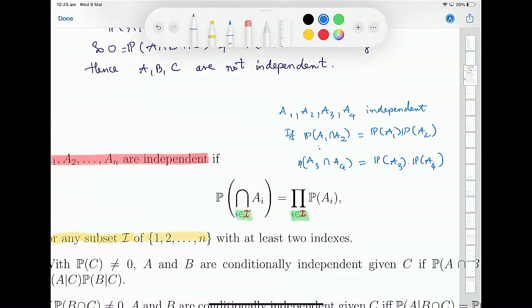And then you take 3 elements out of the 4, which is A1, A2, A3 independent, A1, A2, A4 independent, A1, A3, A4 independent, A2, A3, A4 independent, and then the last one is A1, A2, A3, A4 independent.